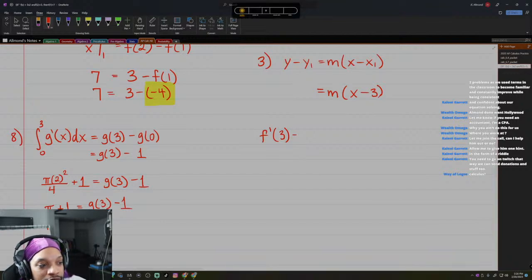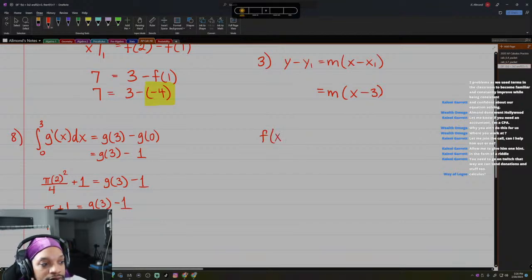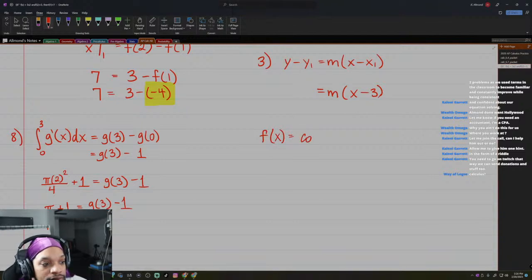What was your f of x? My f of x was cosine of pi t squared over 9. So to get y1, do you see how we just plug in 3 for x? So that's like finding f of 3. I got 4 plus something. Wouldn't y1 just be 4? Well, that's what I'm trying to figure out.